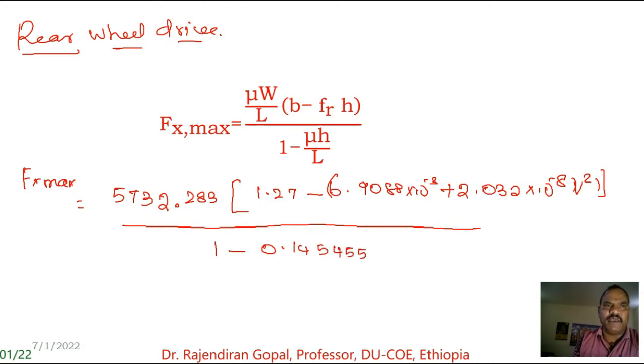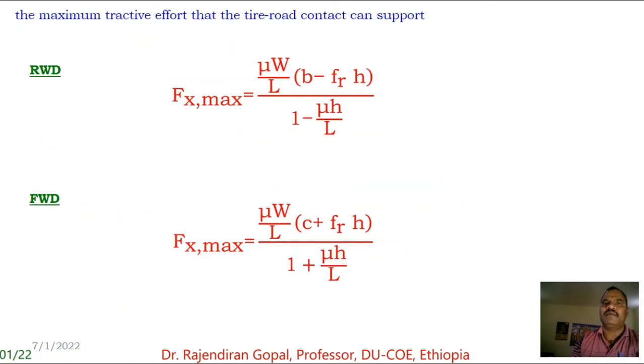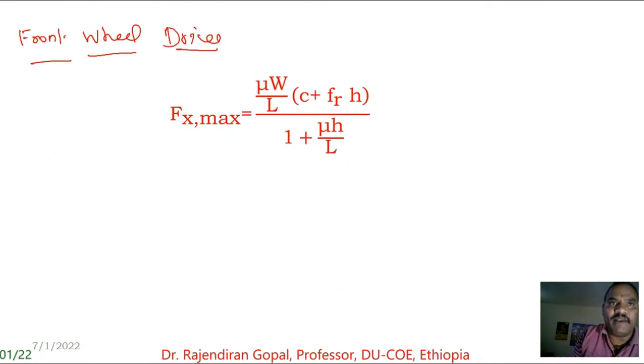While simplifying, we get 8472.808 − 1.3631 × 10^-4 V². This is equation 6. For front wheel drive, the unknown term C = L − B = 2.794 − 1.27 = 1.524.